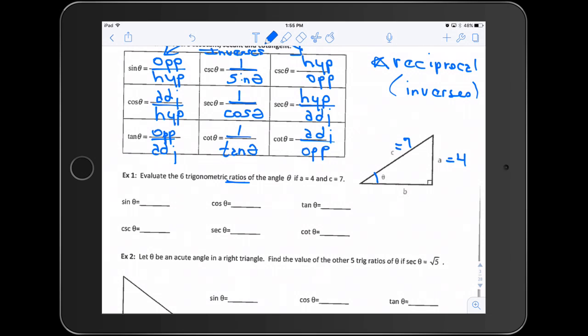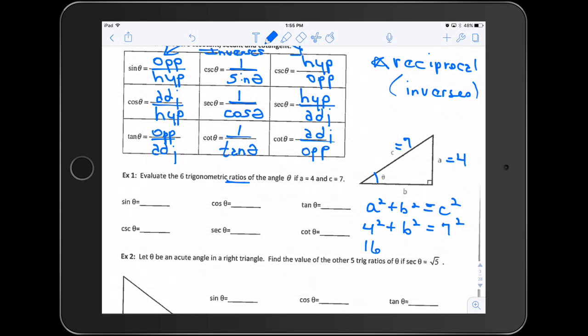The thing they're not giving us is that B value. And since we have 2 of the 3 side lengths, we can use Pythagorean theorem really easily to find that length. So I'm going to go a squared plus b squared equals c squared. So again, coming back from the geometry days, my a side is going to be 4 squared plus my b squared equals 7 squared.